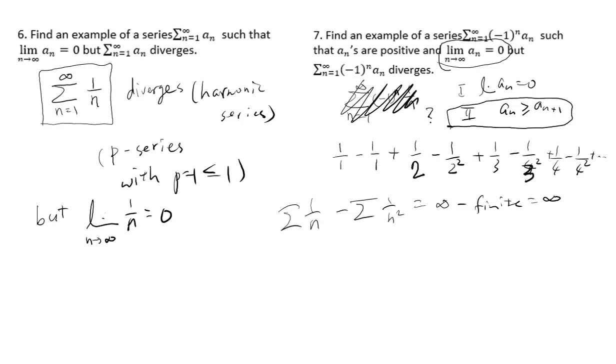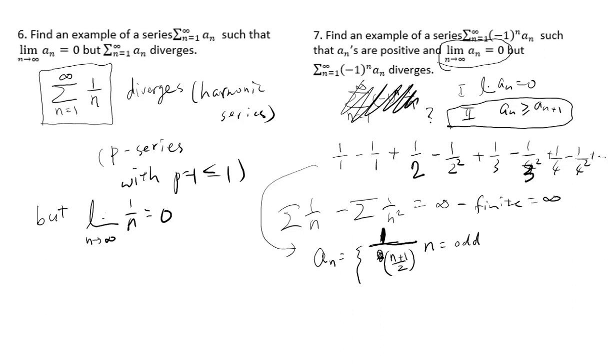If you want to write this as a formal sequence, it's a little bit tricky to do. You say a_n is equal to, well, if n is odd, then we're going to do 1 over (n+1)/2.